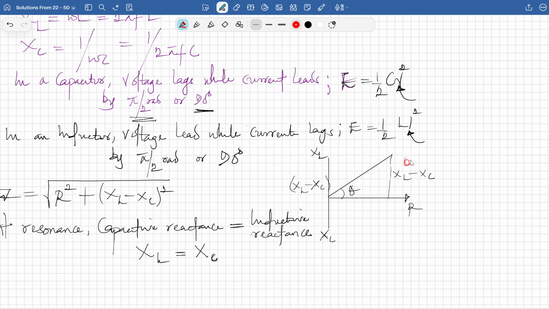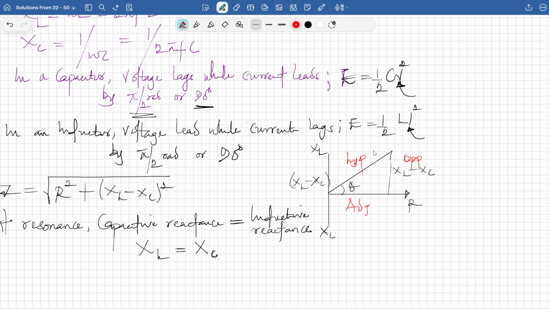So by simple mathematics, this side is opposite, this side is adjacent, and this side is hypotenuse, right? So this hypotenuse side is actually the what?